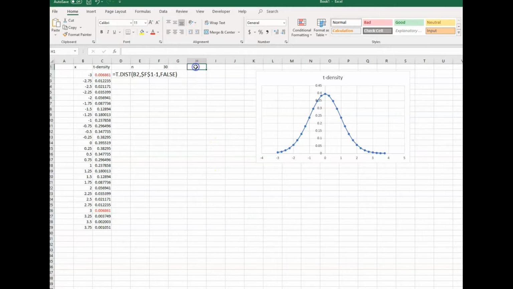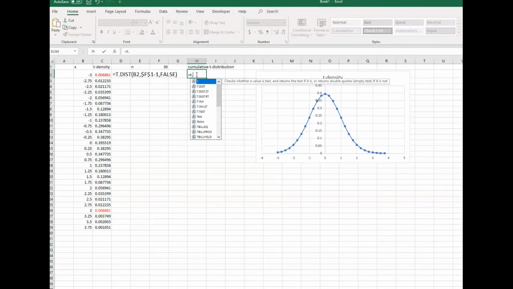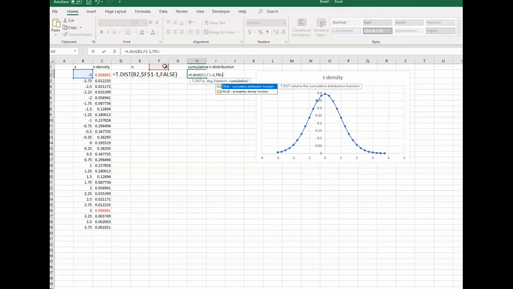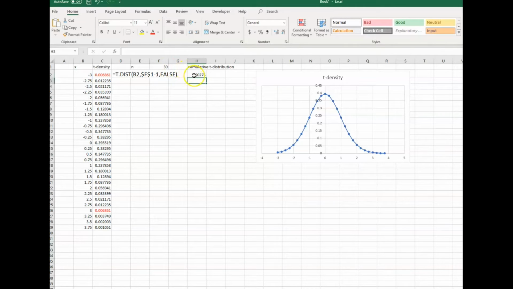So let's look at the cumulative T distribution. The only difference is that for the last input, we use TRUE. So this is x, the degree of freedom is n-1, and we enter TRUE because we calculate cumulative.